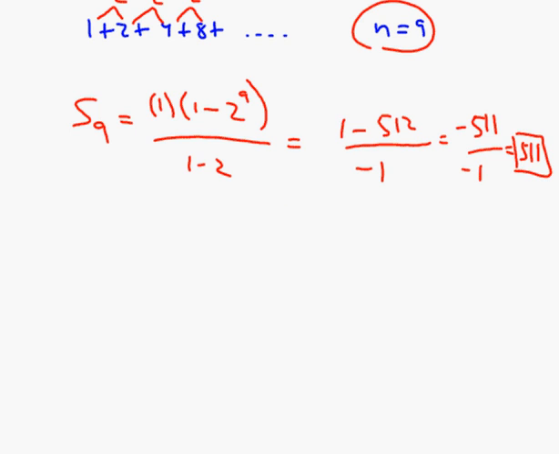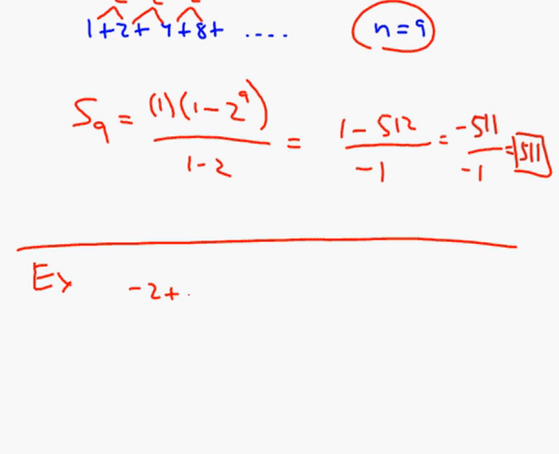So, for example, suppose you were asked to sum this sequence. So, negative 2 plus negative 12 plus negative 72 plus negative 432 plus negative 2592. So you look at this first, and then maybe you would spot, hey, this is a geometric series.